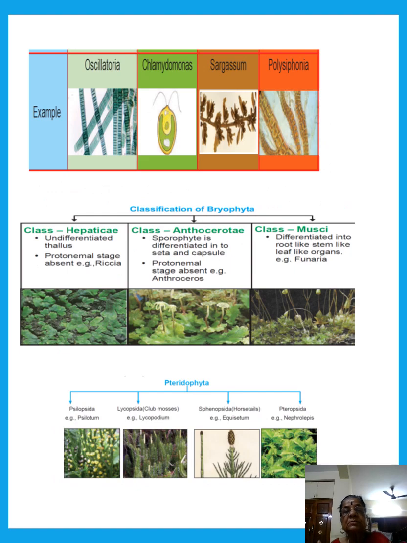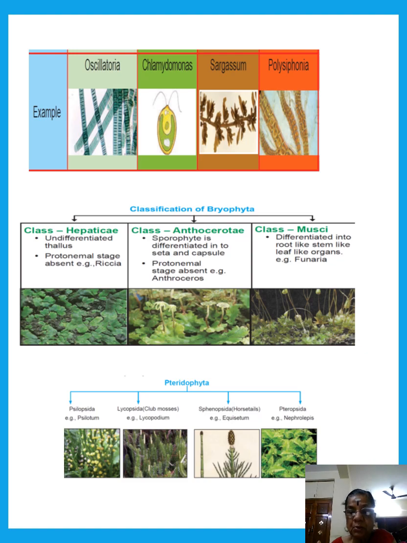Next, the example pictures. This is for thallophyta: Oscillatoria, Chlamydomonas, Sargassum, Polysiphonia. This is green pigment, chlorophyceae. I told you algae have different pigmentation.